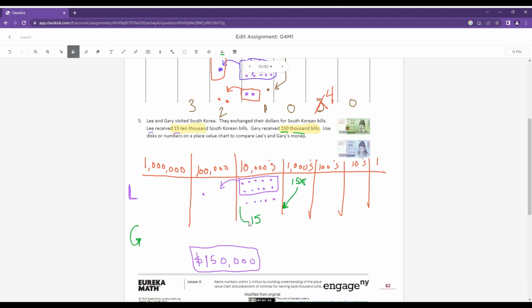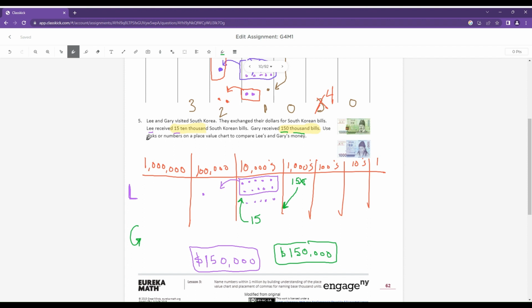But if I notice, I also started with 15 10,000s here with Lee. So essentially everything I did in purple, I would also be doing in green, but I would be starting from over here in my thousands place. So Gary is also going to have $150,000. South Korean dollars, that is.